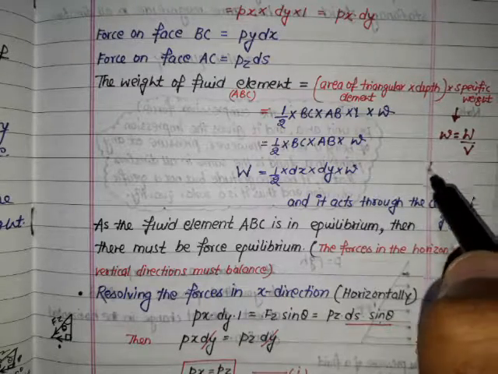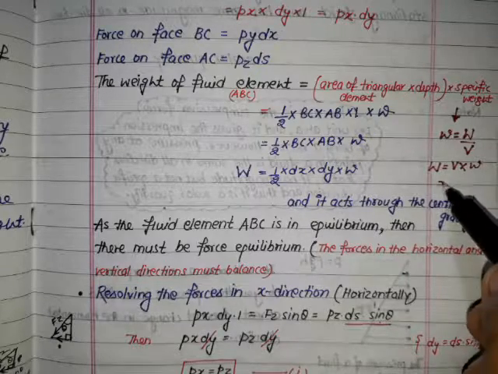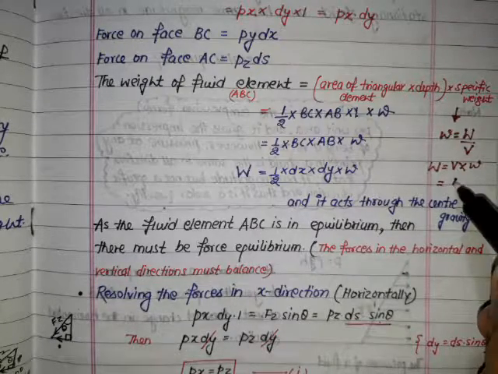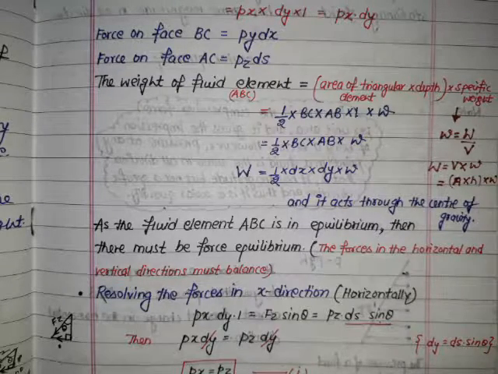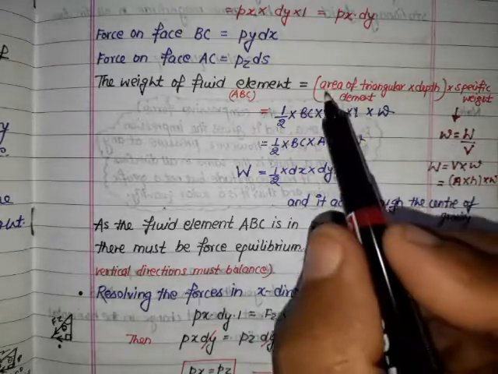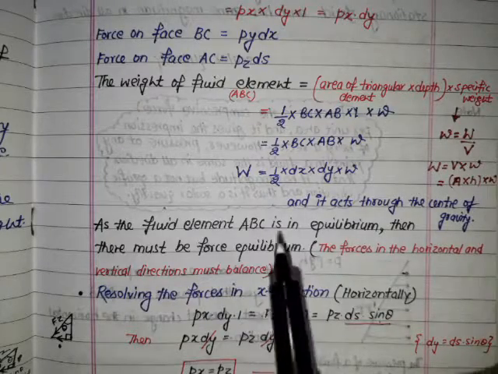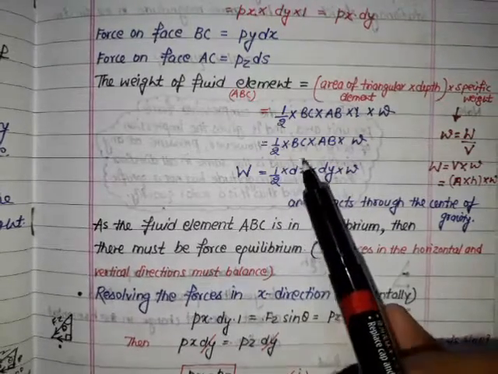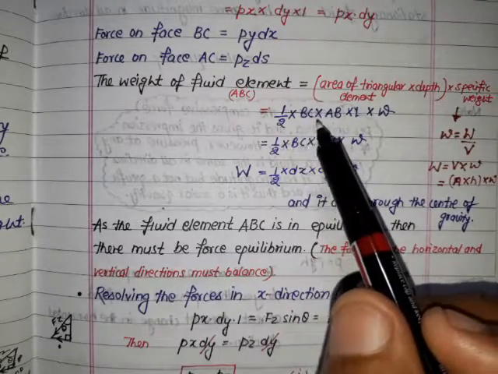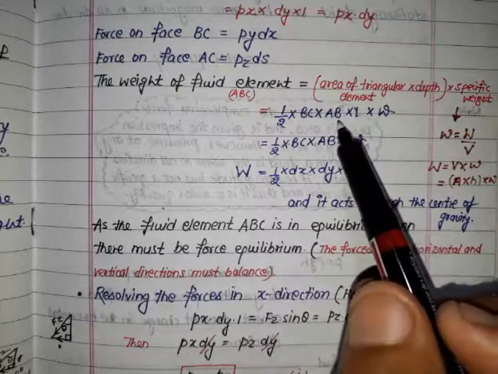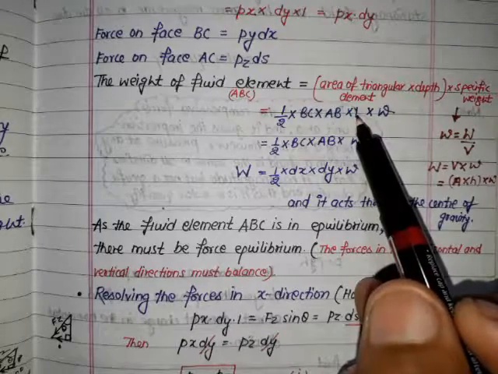If we take it to the other side, it becomes volume into specific weight, and volume is area into depth. So the area of the triangular element, depth h, into specific weight w. It is a right angle triangle, so its area is 1 upon 2 into base into altitude or height, base is BC, altitude is AB, into 1 into w.